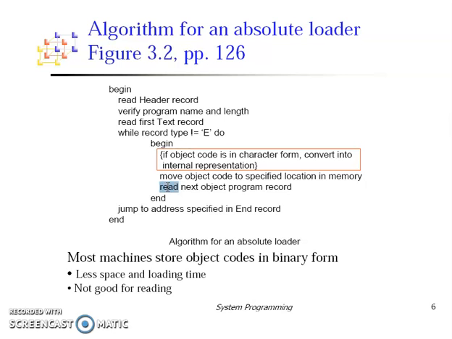Then read the next object program record. It goes on like this till it reaches the end record.